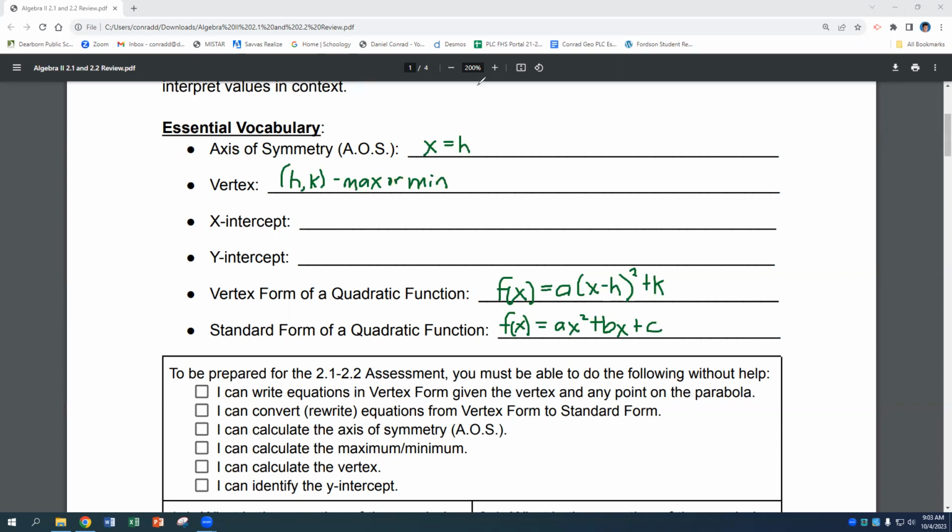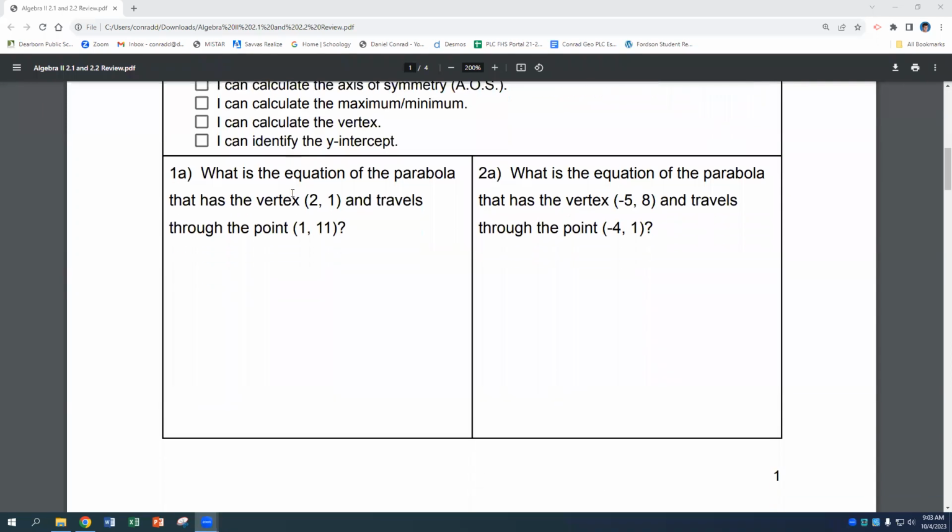All right, let's look at some of the questions though. Number one, what is the equation of the parabola that has the vertex (2, 1) and travels through the point (1, 11)? So I'm going to start with vertex form, f of x equals a times (x minus h) squared plus k.